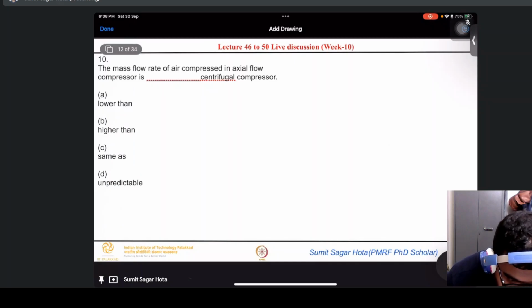The mass flow rate of air compressed in an axial flow compressor is dash of a centrifugal compressor. I already told you the mass flow is obviously higher in the case of what?